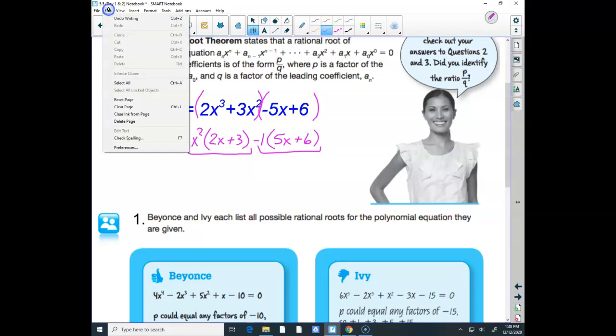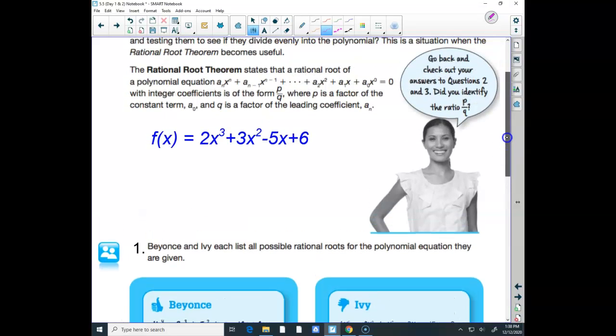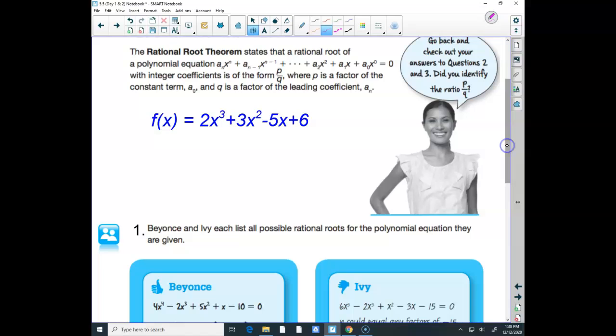So I'm going to edit all this ink out of there. And what the rational root theorem tells us here, it's guessing and checking at its best, states that the rational root of a polynomial equation with integer coefficients is of the form p over q, where p is a factor of the constant term, and q is a factor of the lead coefficient. Remember, lead coefficient is simply the number tagged to the biggest power in your equation.